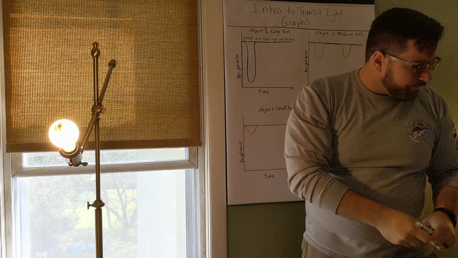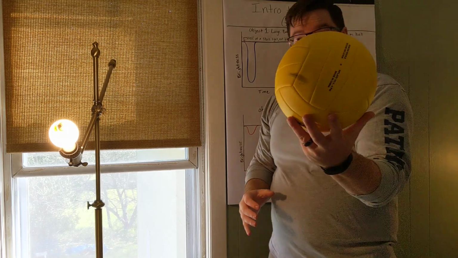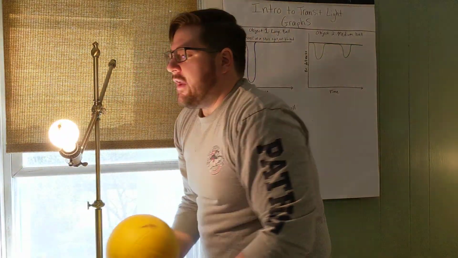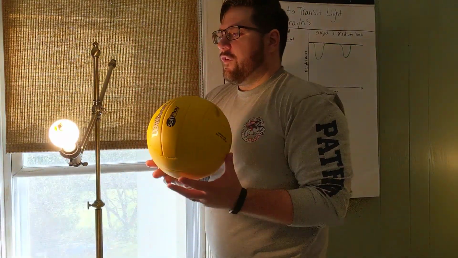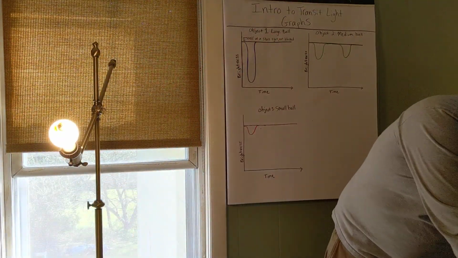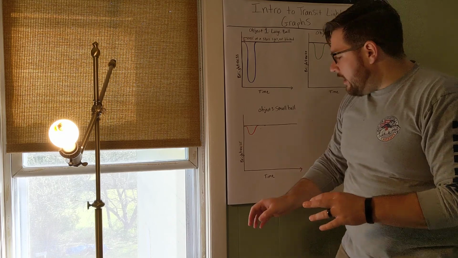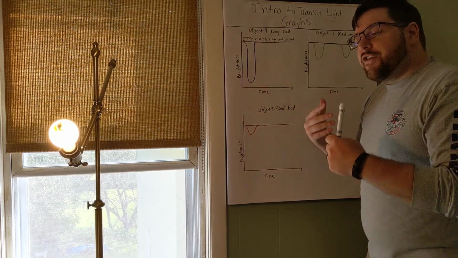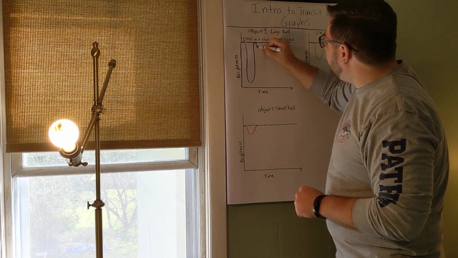But let's say that the large planet is going really fast. It's really close to the star. So that means every 10 days, like I said, it's going in front of that star, blocking the light. It's going super fast. That would indicate a lot more dips. We're seeing more frequent dips because it's happening so quickly.